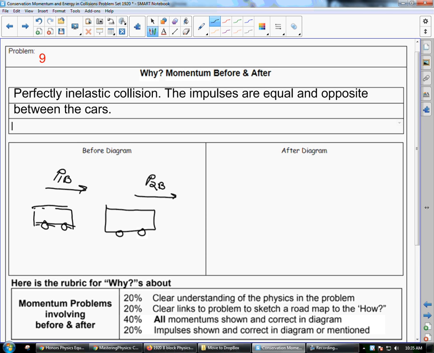Actually, you know what? I'm going to leave off the book. And then what happens after they hit? Because it's perfectly inelastic, they become one object. So afterwards, we've got this single big object, and I'll call that momentum 1, 2, and I'm going to put an A on that just for after.